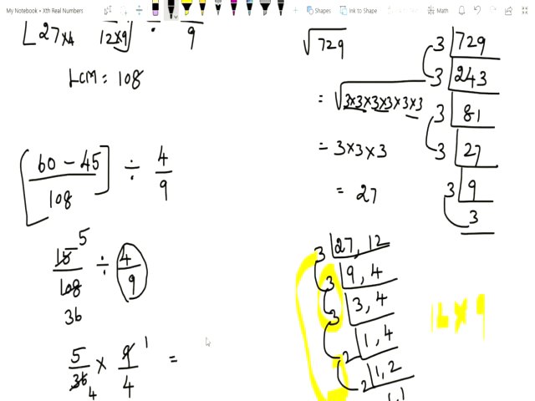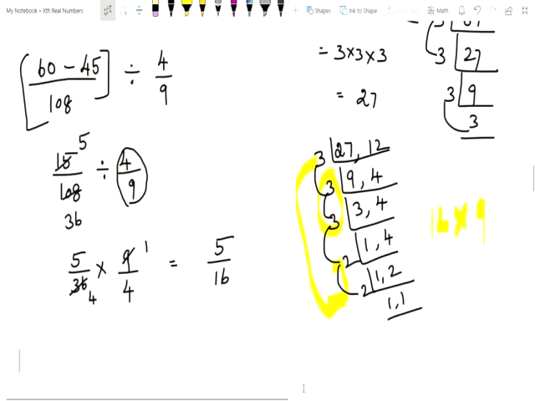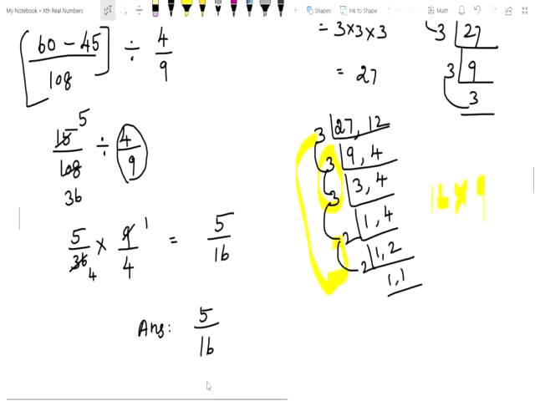Now you multiply, 5 1s are 5, 4 4s are 60. So what is the answer, children? Five by 60. Do you understand, children? I repeat this.